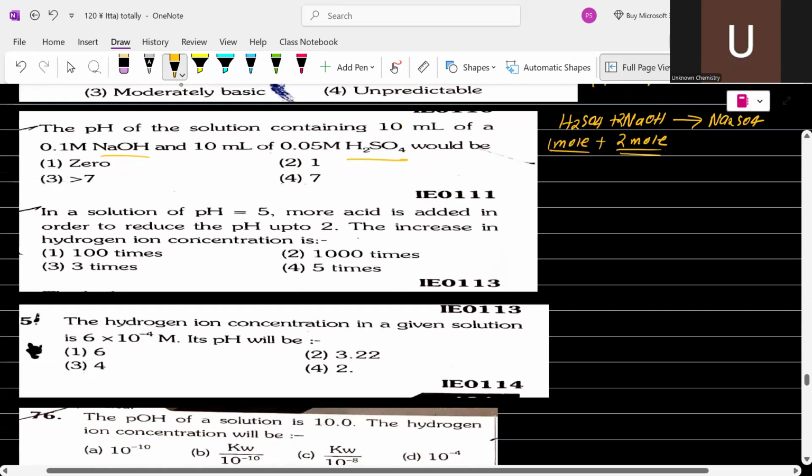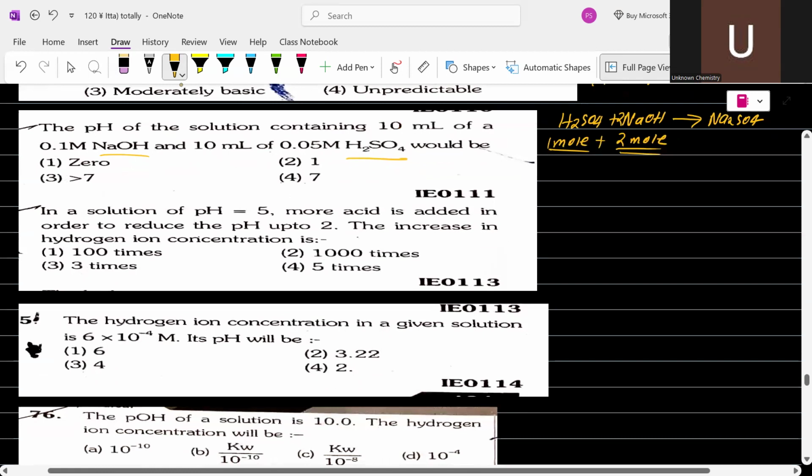In the balanced chemical equation, here 0.05 mole is there, and here 0.1 mole. If 1 mole requires 2 moles, then 0.05 mole will require 0.1 mole.